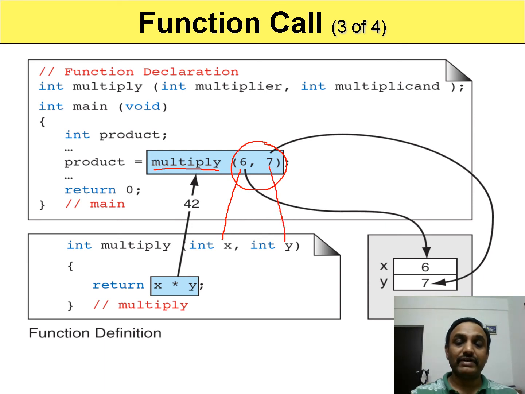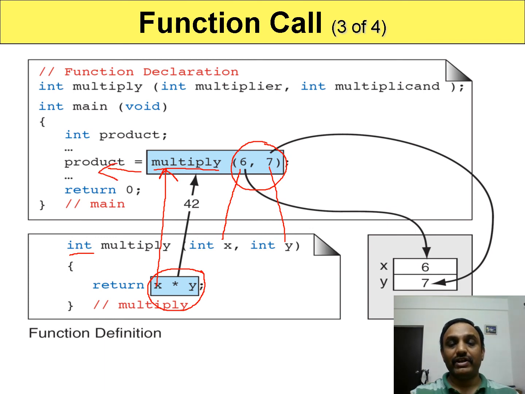So x value becomes 6, y value becomes 7. Then in this we are performing the multiplication operation, return x multiplied by y. Obviously this one returns an integer value, so we mentioned the return type as int. Once it returns the value, that value comes here. That one is assigned to product.